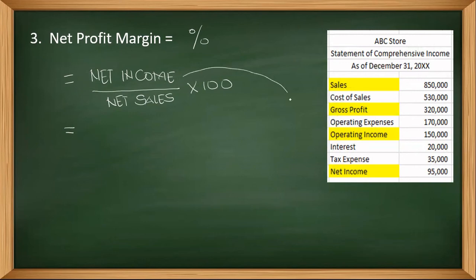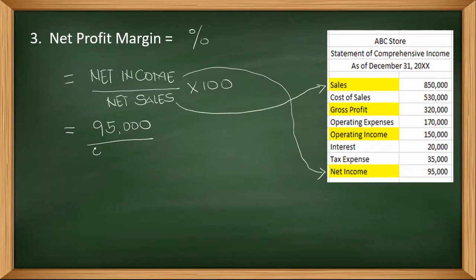For the net income, we get 95,000. Then for the net sales, we get 850,000. Then multiply by 100.